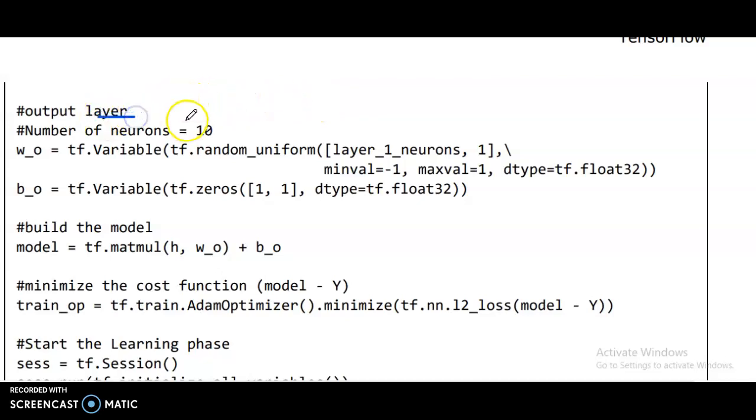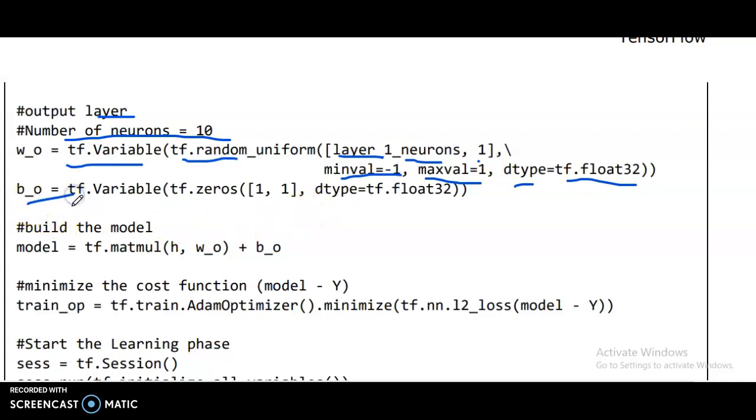Output layer. Number of neurons 10. W_O output: TF variable, TF random uniform of layer 1 neurons, 1, minimum value -1, maximum value +1, data type TF dot float 32.